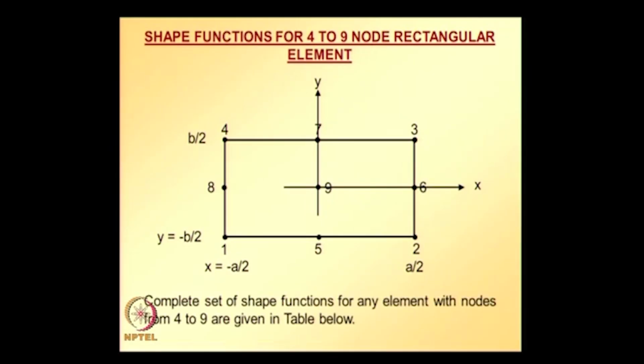And now a complete set of shape functions for any element with nodes from 4 to 9 are given in the table below. Before we read the table to get the shape function expressions for any noded element starting from 4 node to 9 node, certain functions are defined in terms of the coordinates of this element.